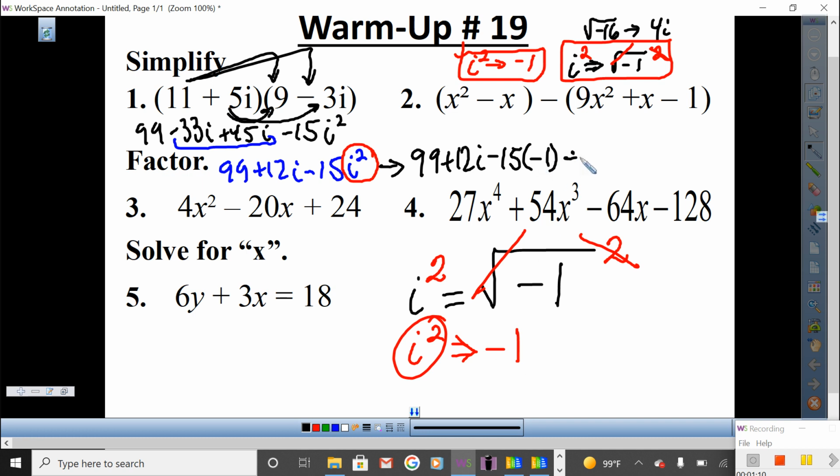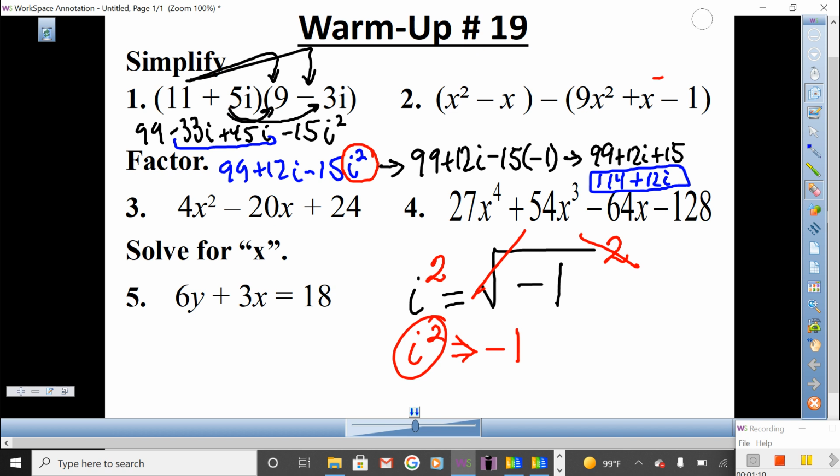Negative 1. Therefore, this is 99 plus 12i plus 15. So at the end we get, what is 99 plus 15? That's 114 plus 12i. And once again, we're going to get there slowly but surely, okay?